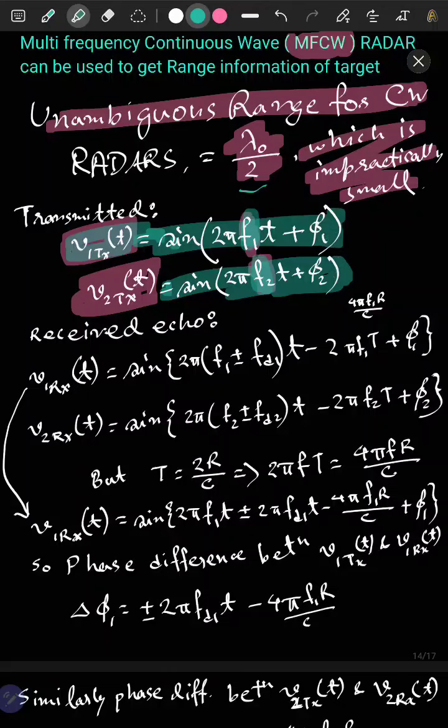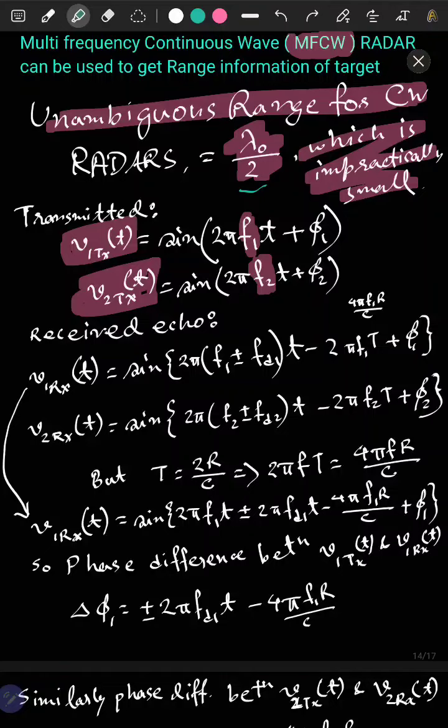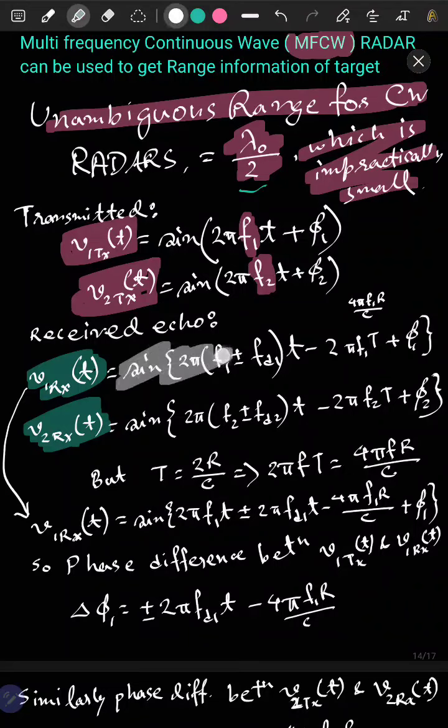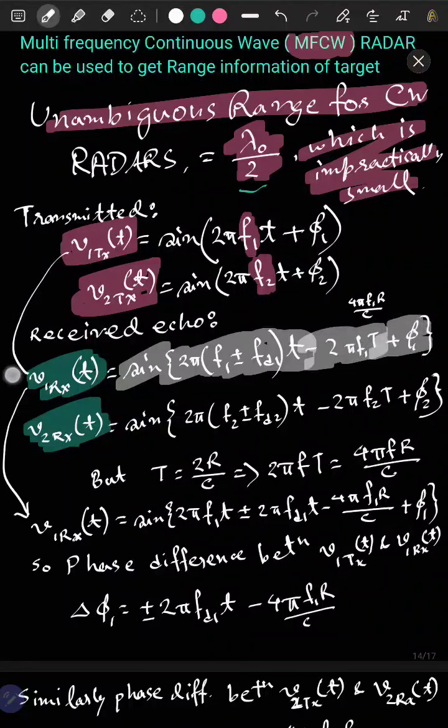Now we can express the received echoes of V1 tx and V2 tx as V1 rx and V2 rx. The expression is sine of 2 pi (f1 plus or minus fd1) into t minus 2 pi f1 capital T plus phi 1, and for V2 rx it is similar in nature.